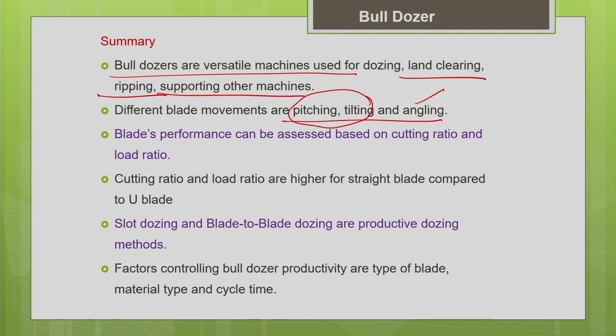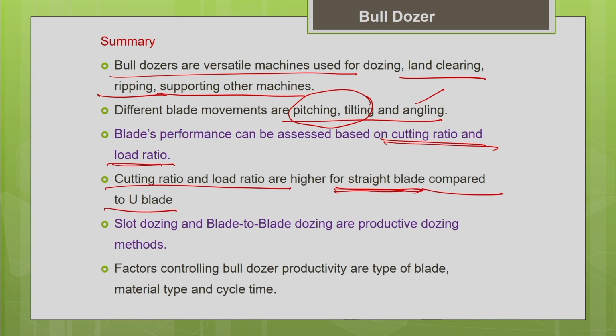According to the type of connections, the blade movements will vary. You can assess the performance of the blade using parameters like cutting ratio and load ratio. If the dimension of the blade is smaller, the cutting ratio and load ratio will be higher. So for the straight blade, as it is smaller, the cutting ratio and load ratio are higher when compared to the U blade.